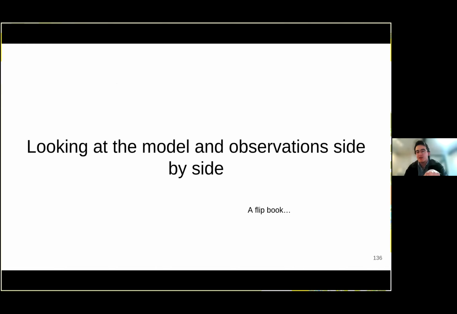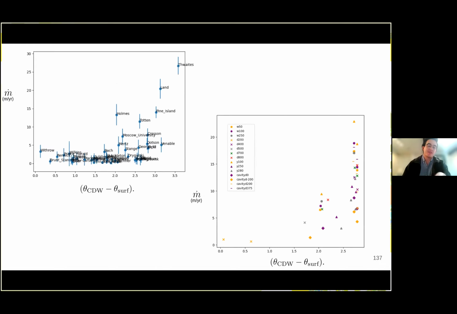And also the model and the observations show similar kind of structure. So in the top left, I have each ice shelf from the observations with the observed melt rate on the y-axis, and on the x-axis, the thermal term. And then in the bottom right, I have the diagnosed melt rate from the models on the y-axis and the thermal term on the x-axis.